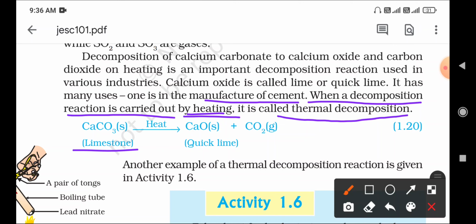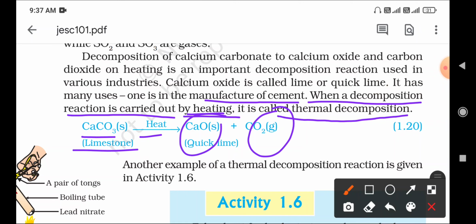So what is a thermal decomposition reaction? When a decomposition reaction is carried out by heating, it is called a thermal decomposition reaction. You can write the example of CaCO3 plus heat gives calcium oxide plus CO2. This is the thermal decomposition reaction.